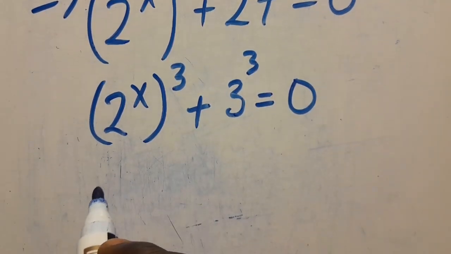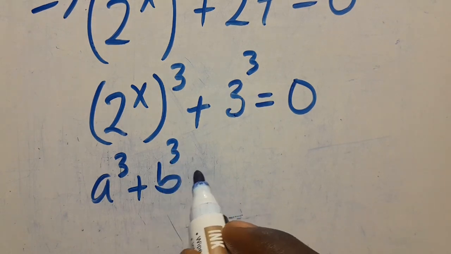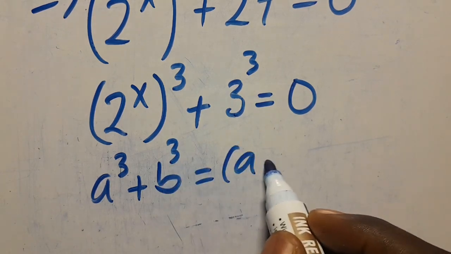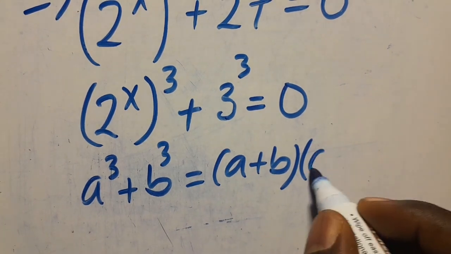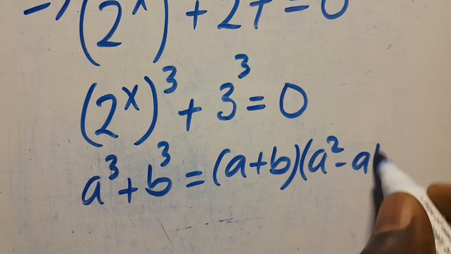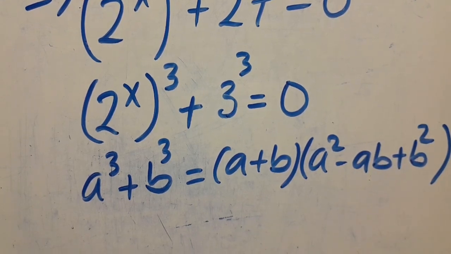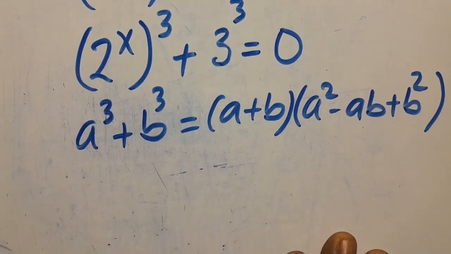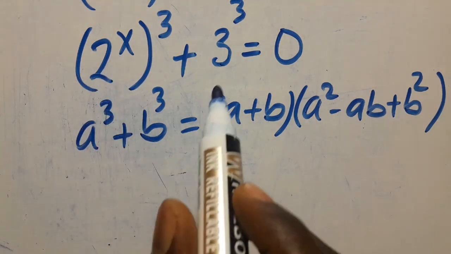You have to recall that a to the power of 3 plus b to the power of 3 always equals a plus b in parentheses, multiplied by a square minus ab plus b square. So when you apply it here, our a equals 2 to the power of x, our b equals 3.